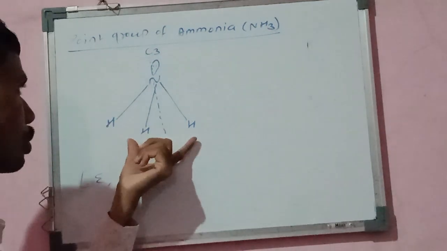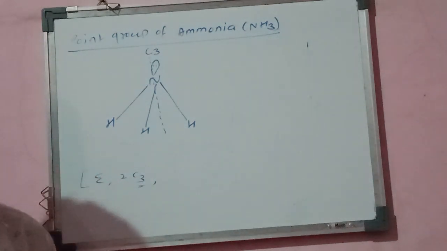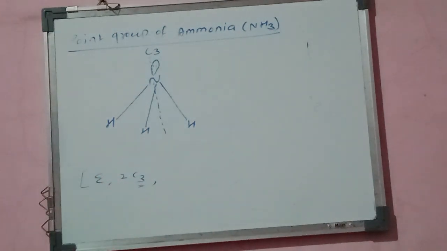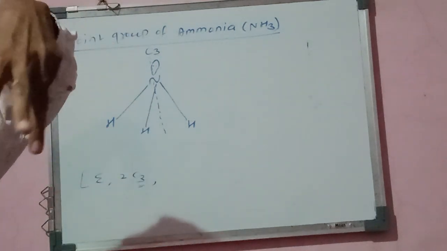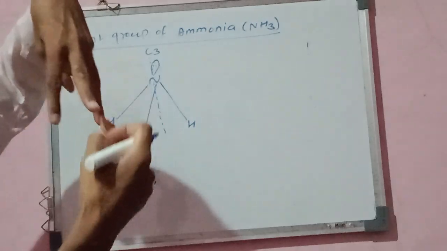Then this ammonia molecule also has a vertical plane of symmetry. Because suppose this ammonia molecule, okay, NH bond, NH bond, NH bond.